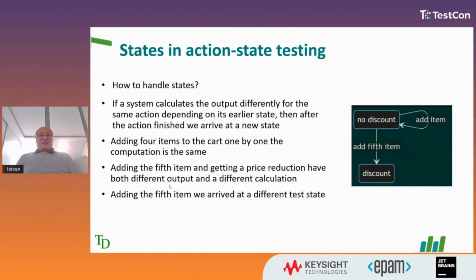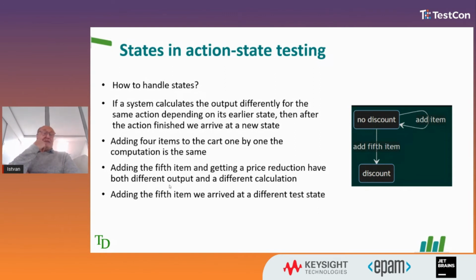Now, I mentioned that the current computation or creation of states is not good enough. And here is a better solution for how to handle states. If a system calculates the output differently for the same action, depending on its earlier state, then after the action finished, we arrived at a new state. So the difference is that not if the output is different, we have a new state, but only if the output calculation is different, we have a new state.